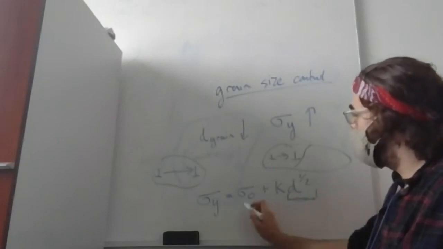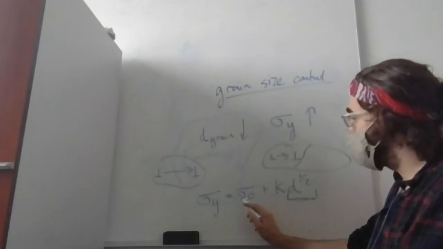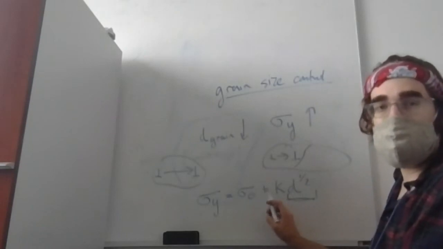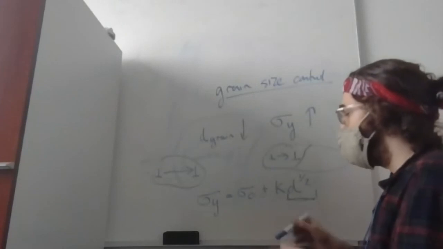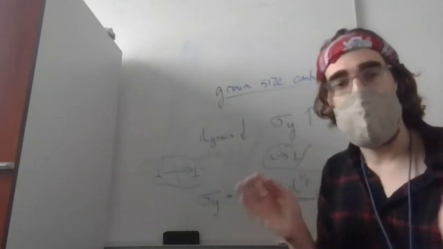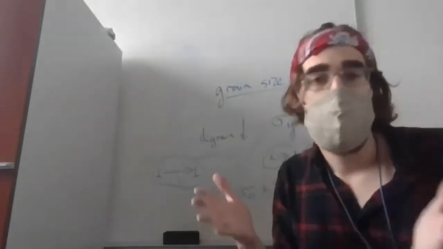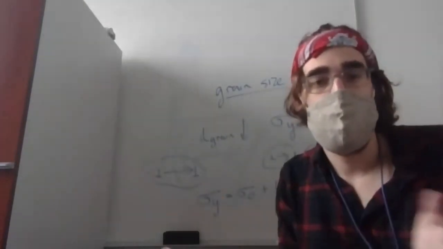Sigma naught and K are constants for each material. So what you would do is make a bunch of samples with different grain sizes, and then do tensile tests and break them all.